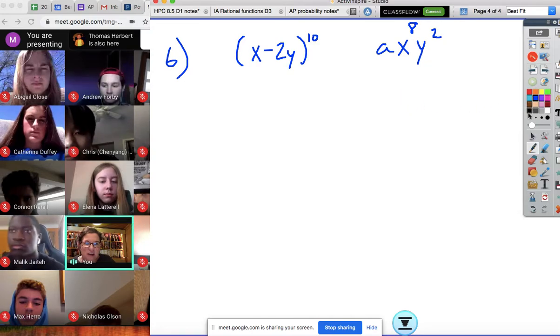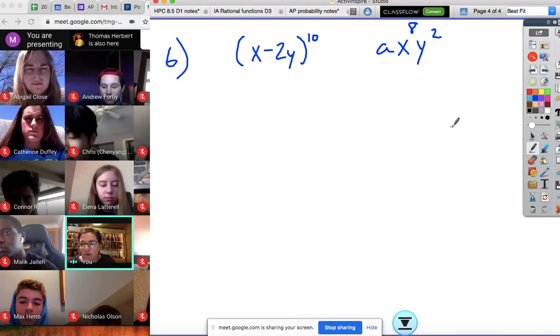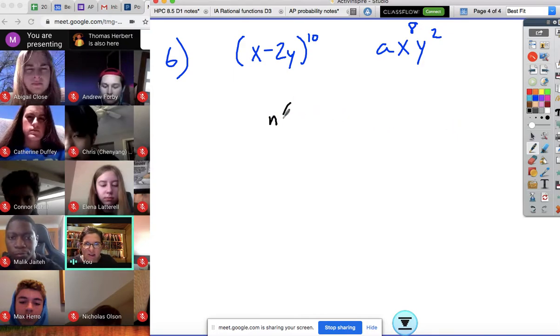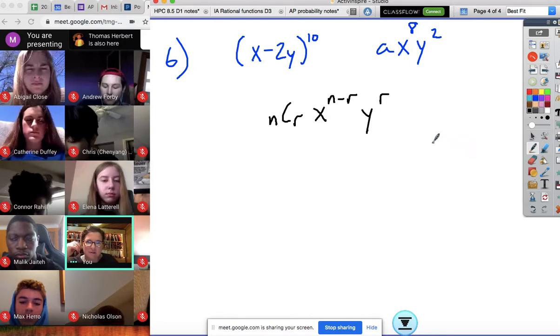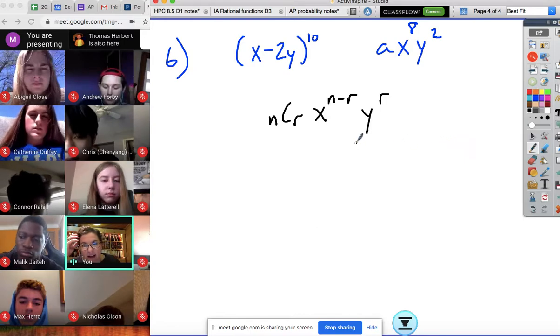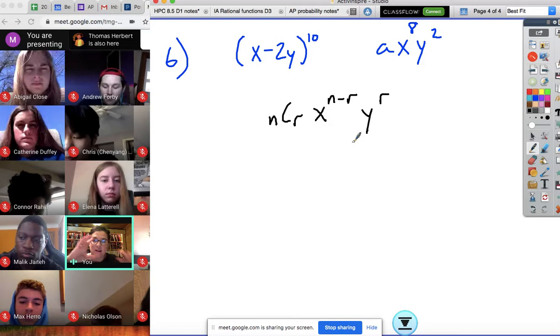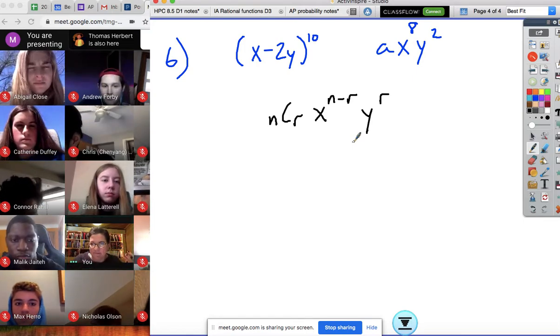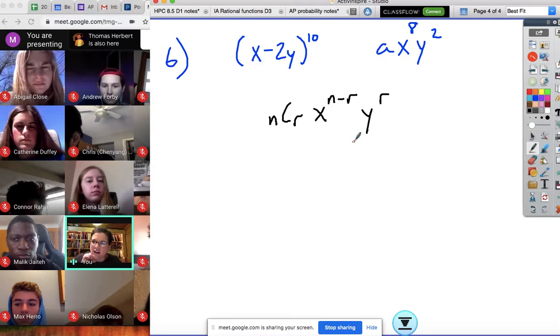So these were the kinds of problems where we figured out a new formula. The new formula looks like this: n choose r, x to the n minus r, y to the r. That's the formula that's going to allow you to find any single term without having to write the whole thing out. You certainly could do that, but I think it takes a little longer than we would like.